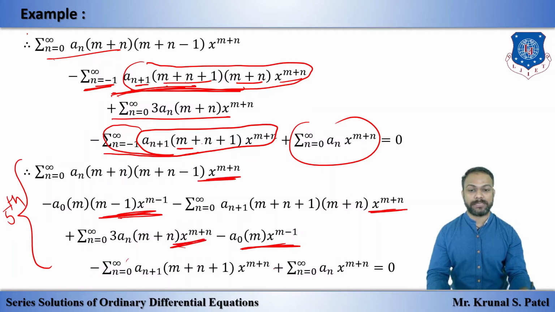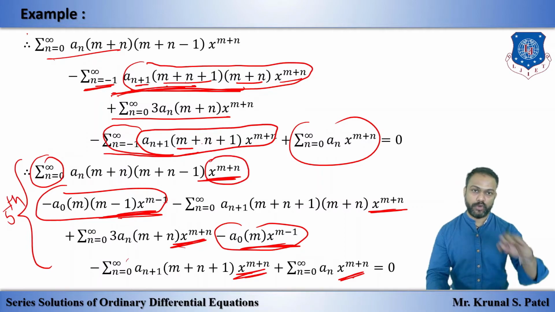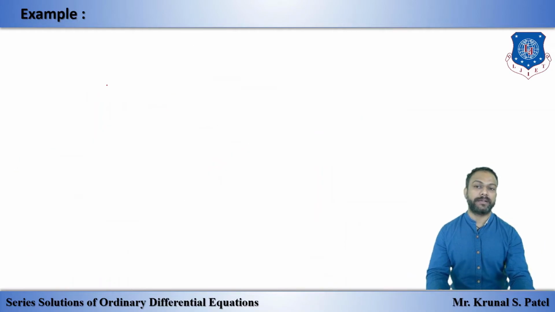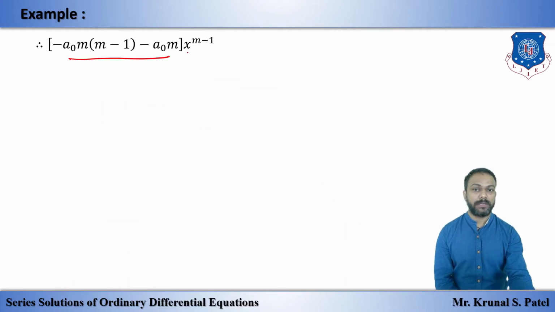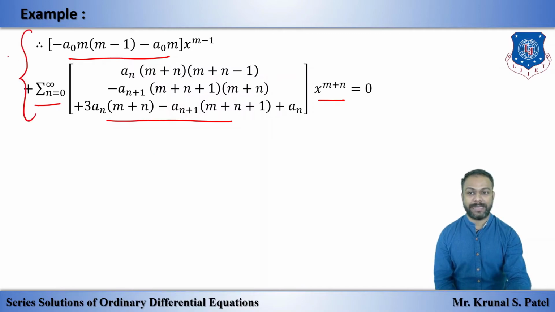So we will take these two terms together, and we will take all these remaining terms together with sigma common and x raised to m plus n common on the right hand side. So we have this first, with x raised to m minus 1, the coefficient of x raised to m minus 1, and we have sigma and x raised to m plus n common, and these are the remaining terms from the sigma. Okay, this is our collect, the sixth step.